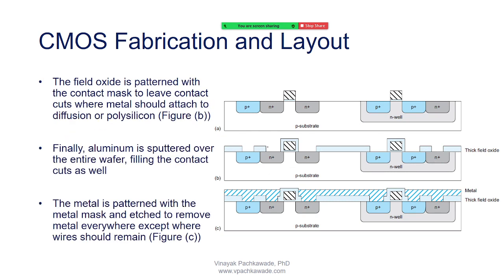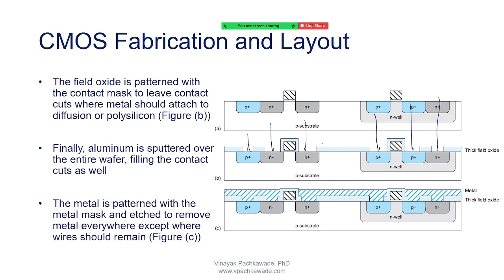So the field oxide, I will pattern it first with the contact mask, okay? Where do I want the contact mask now? Here, because these areas I want to have access to, because this is how I will make the connections. Yes or no? Right?